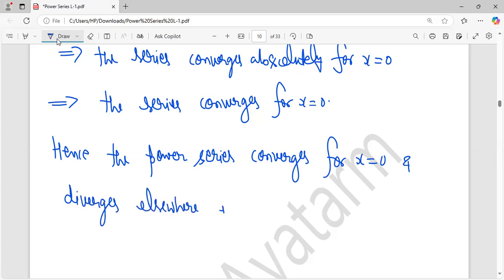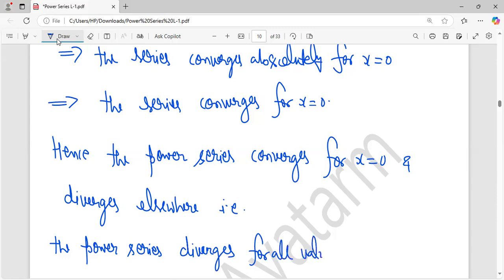So we can write, it means what? The power series diverges for all values of x except x is equal to 0. So this series is convergent at only one single point, that is x is equal to 0.